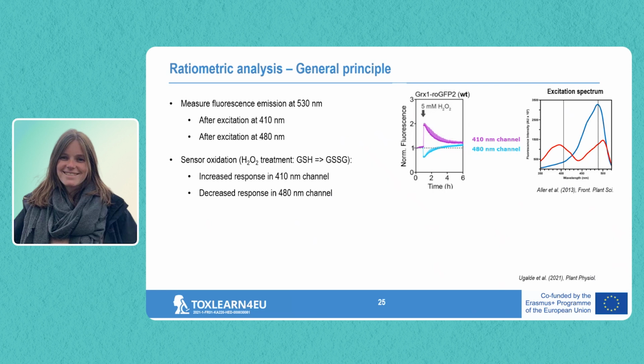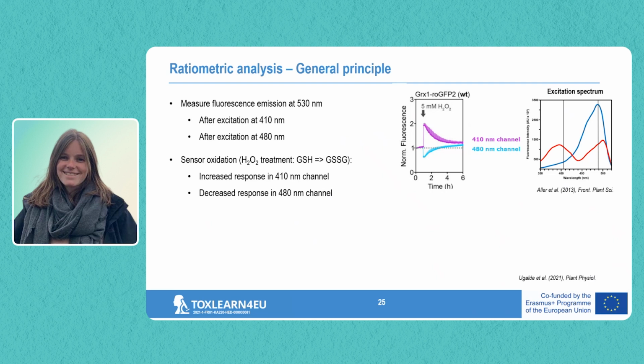So if we give the plants hydrogen peroxide, we will get more of the GSSG, so the sensor should become more oxidized. And that's also what we see over here, because here we add the hydrogen peroxide and then we see that there is an increase in fluorescence after excitation with 410 nanometers. And at the same time, you see a decrease in fluorescence after excitation with 480 nanometers.